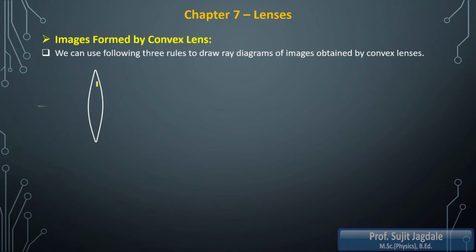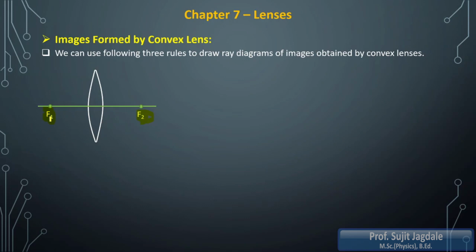Suppose this convex lens has a principal axis. The principal axis means the line which passes through both the centers of curvature of the two surfaces, C1 and C2. Then suppose this convex lens has two focal points: the first one is F1, the second one is F2. These are the two principal focuses, or two focal points, of the given biconvex lens.